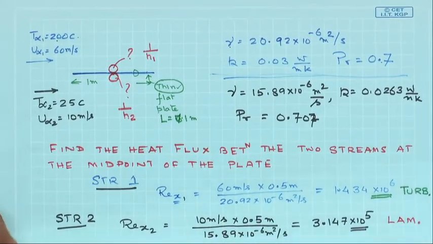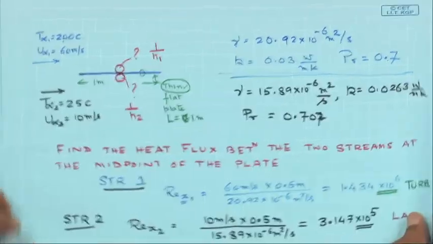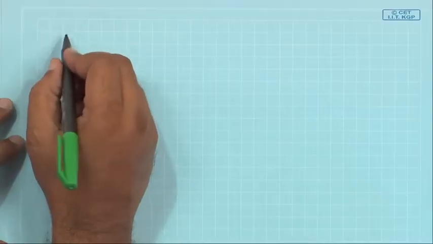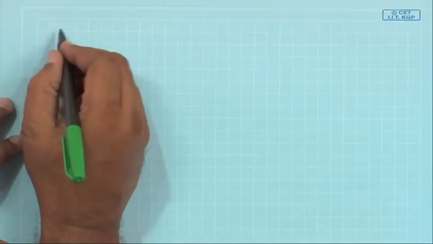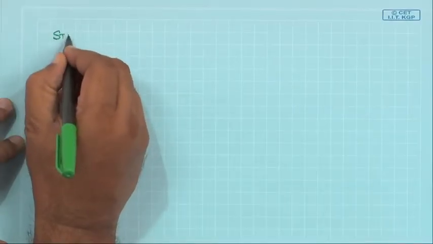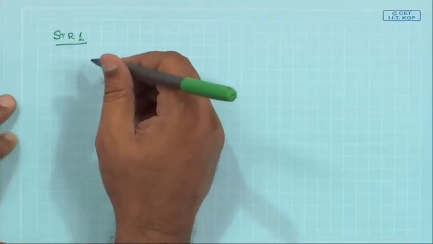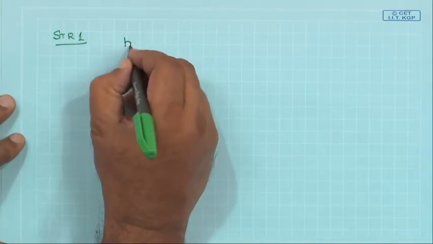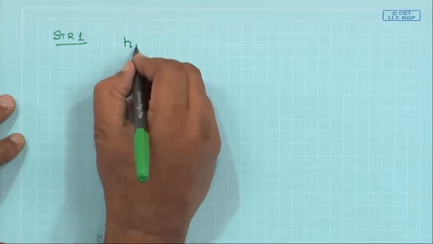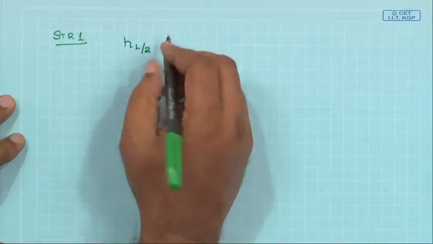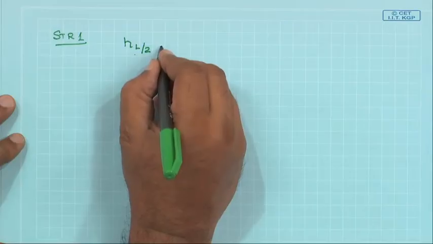Once we ascertain the flow regime that exists over these two plates, the next step is to calculate for stream 1 the value of the heat transfer coefficient at a location of L by 2, which is the midpoint of the plate.